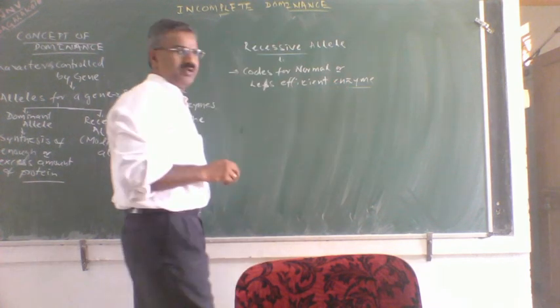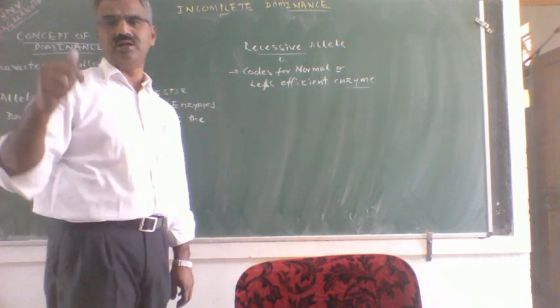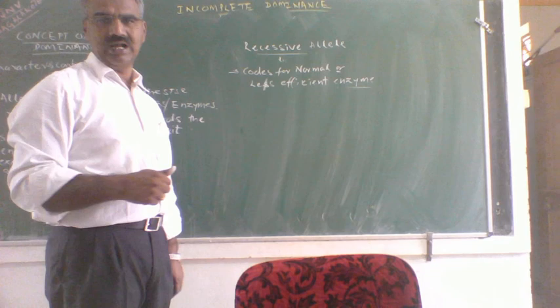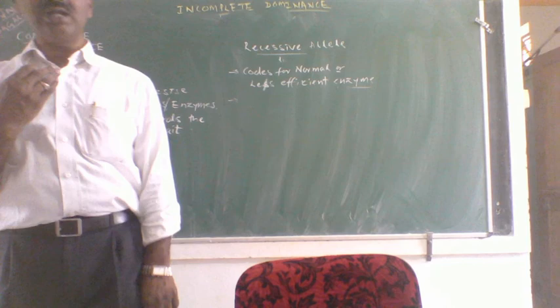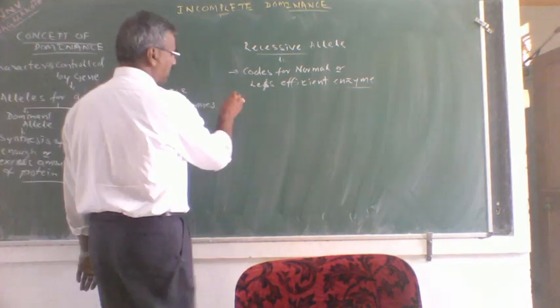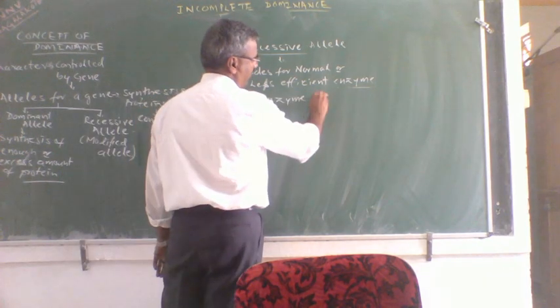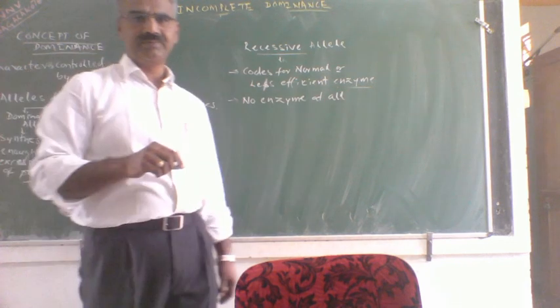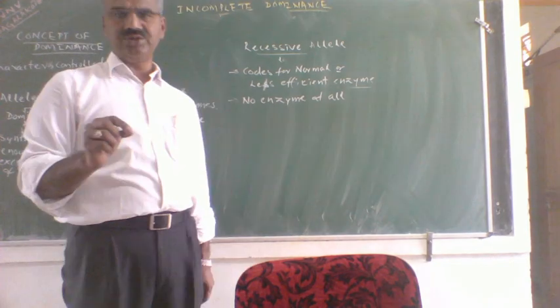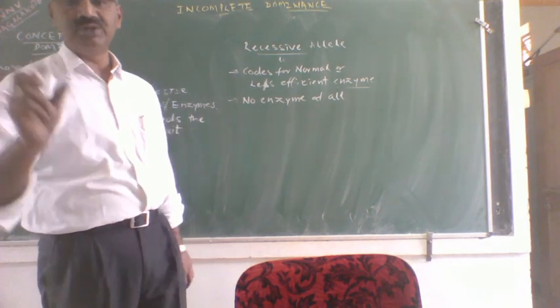So it will be producing sometimes a normal amount of enzyme or maybe sometimes a less efficient enzyme. Then sometimes they won't be producing any enzyme at all. The allele is present, but because of the defect, because of the change, they may not be producing any enzyme at all.